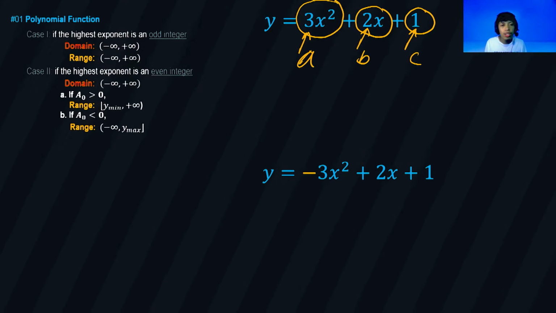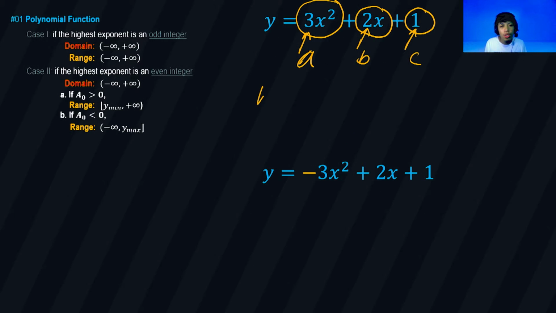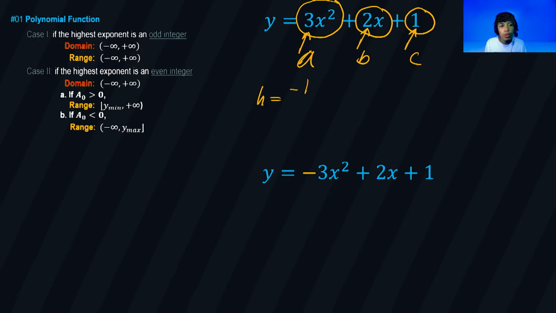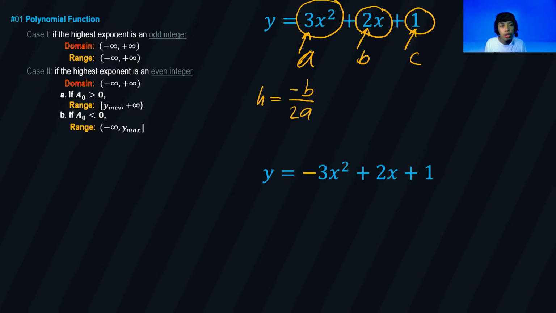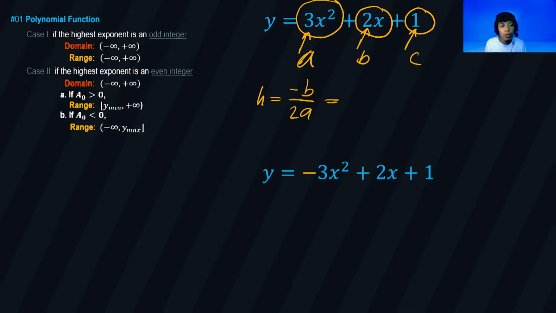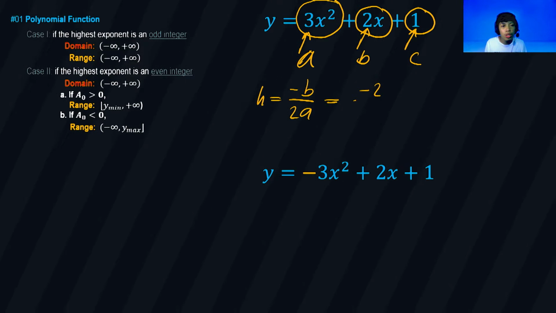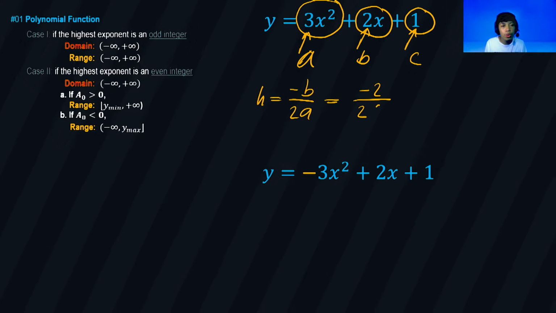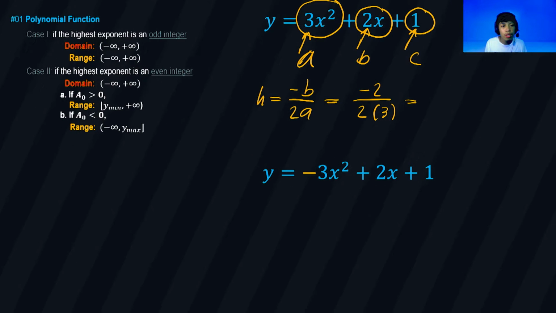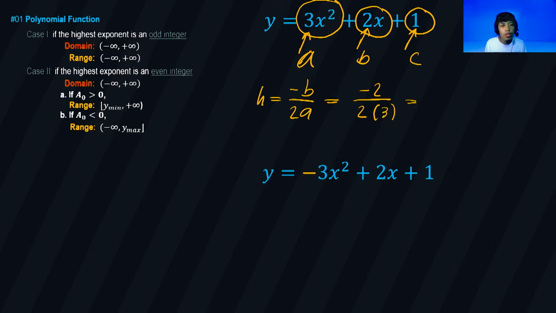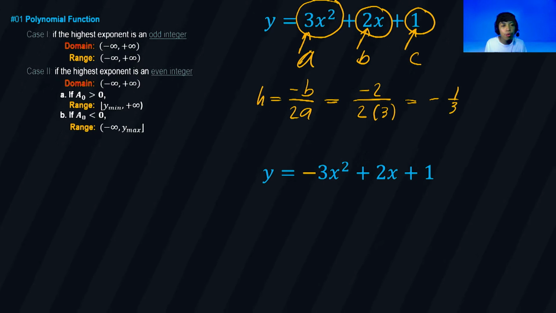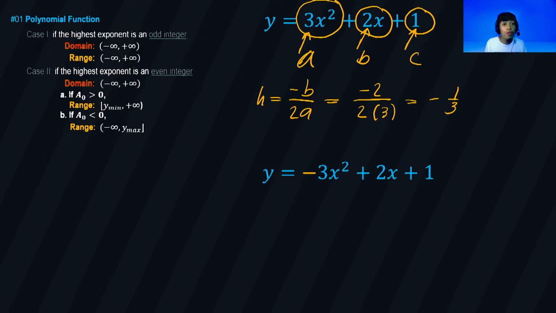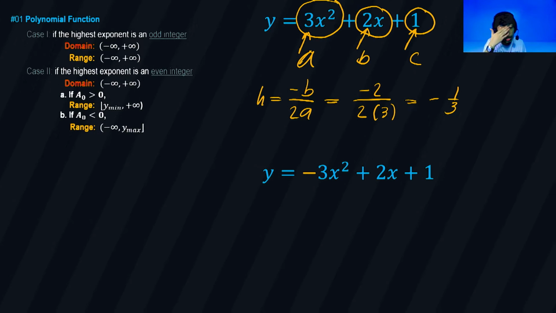Applying the formula for h, take note h is equal to negative b over 2a. Your b is 2, so that is negative 2 over 2 times your a, which is 3. So your value for h is equal to negative 1/3. That's your value of h. Now, take note, hindi h naman yung kailangan natin.